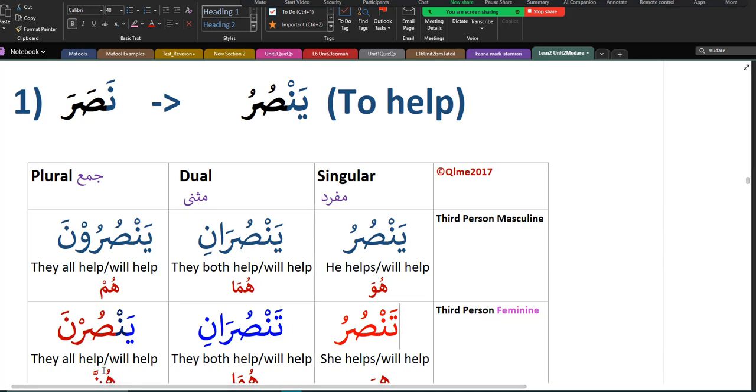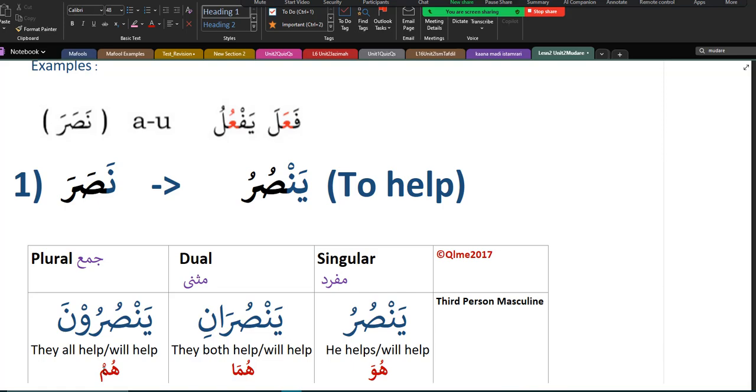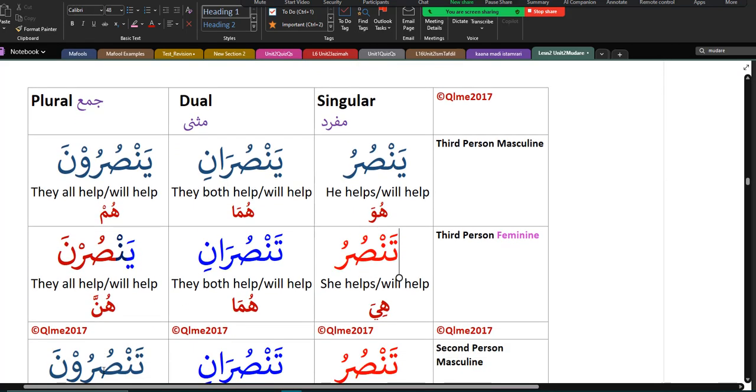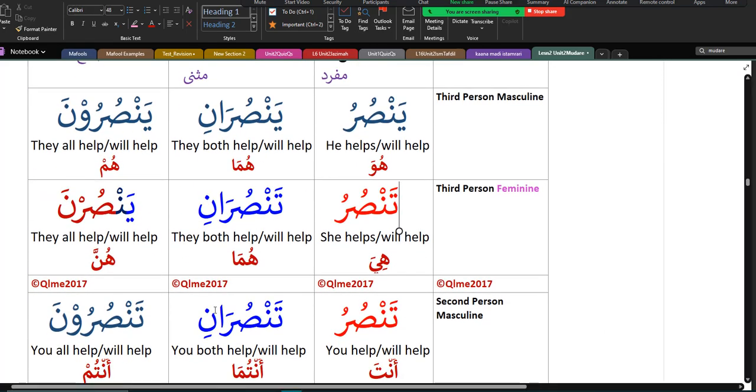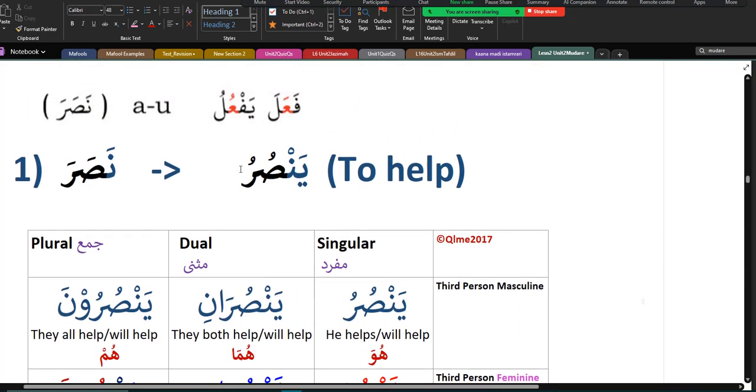What is the meaning of tansurani? You two will help. It has occurred 3 times, so it has 3 different meanings. It could be either they both female help, or you both male help, or you both female help. What is the meaning of tansuru?